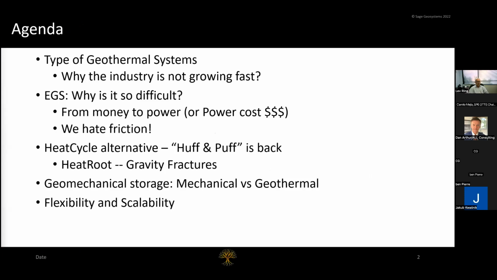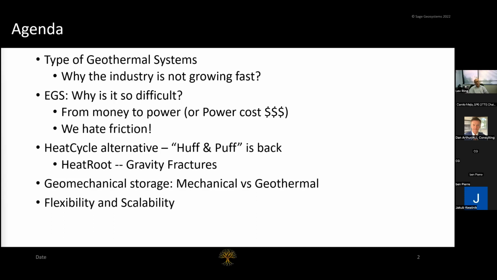Many of you have heard about dry hot rock and enhanced geothermal systems, also known as EGS, and we'll discuss why it's so difficult and how to generate returns, define how you're going to design the system, and why parasitic load is so critical and can kill the whole business.